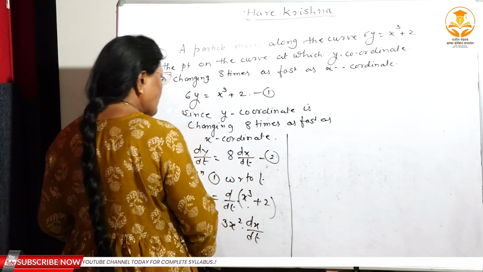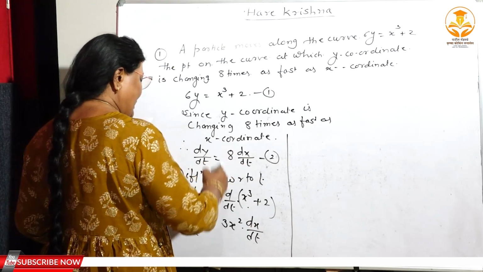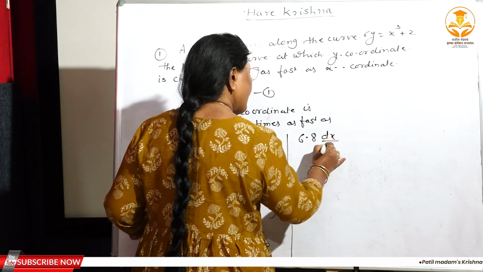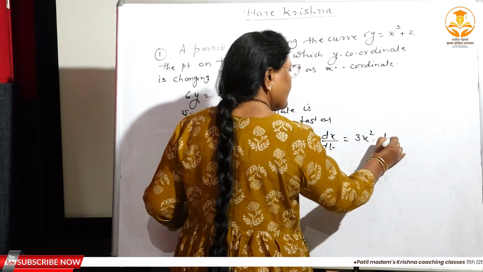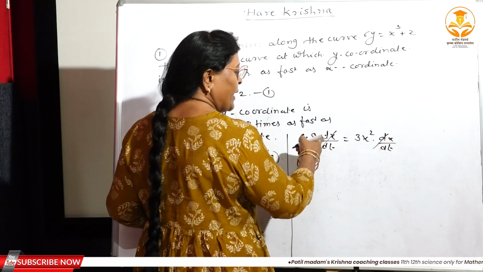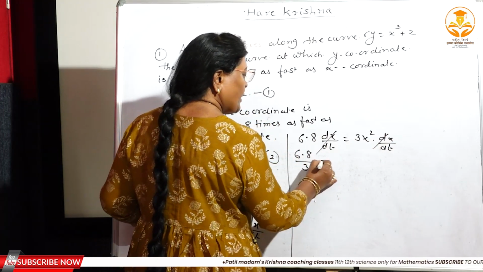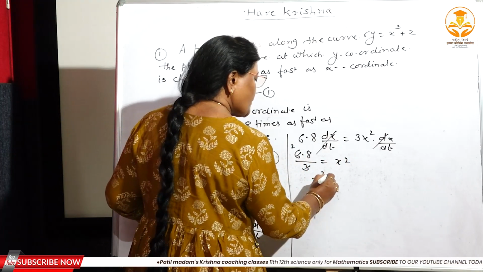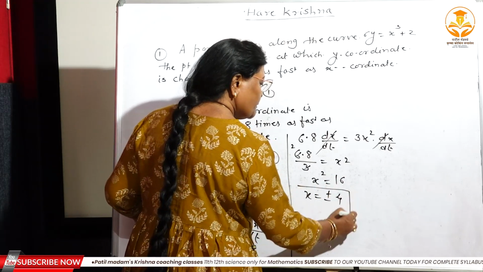Now, you can substitute the value, dy by dt is nothing but 8 dx divided by dt. 6 into 8 dx divided by dt is equal to 3x square into dx divided by dt. Again, if you observe this, dx by dt gets cancelled. 6 into 8 divided by 3 is equal to x square. Again, you have got x square equal to 16. Therefore, x is equal to plus minus 4.